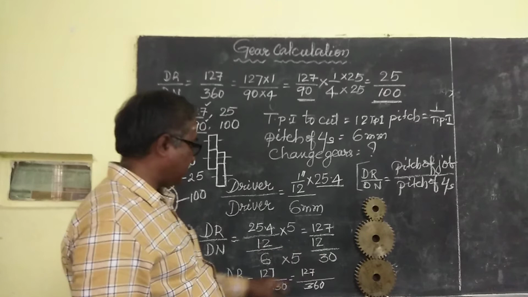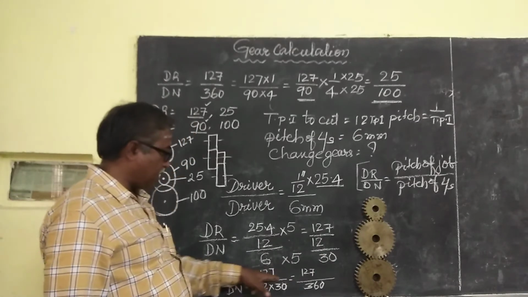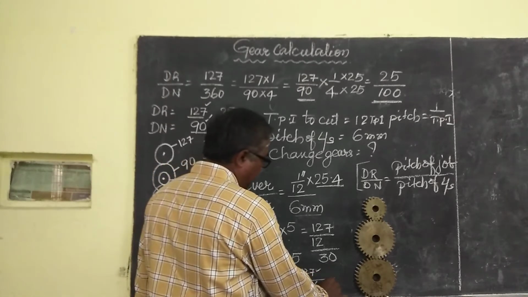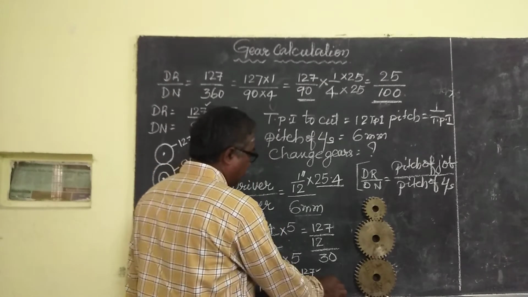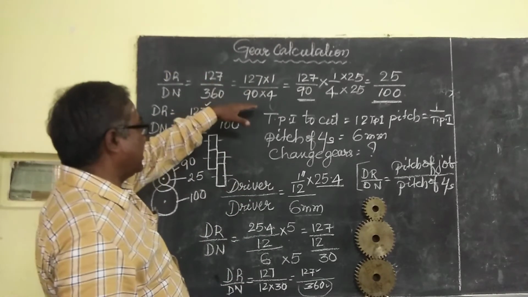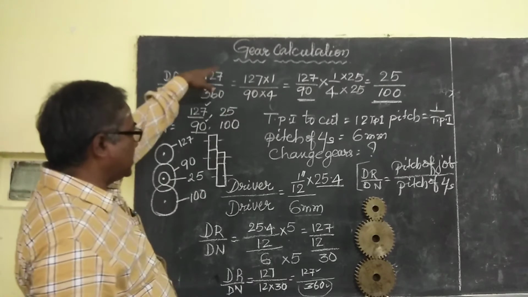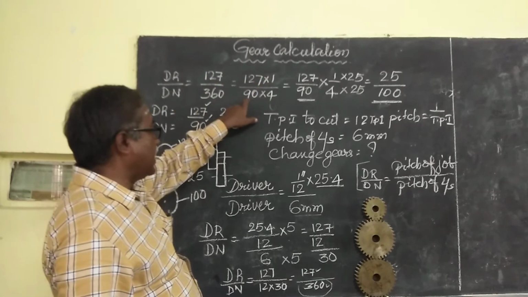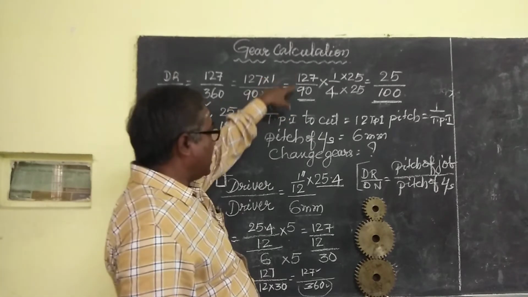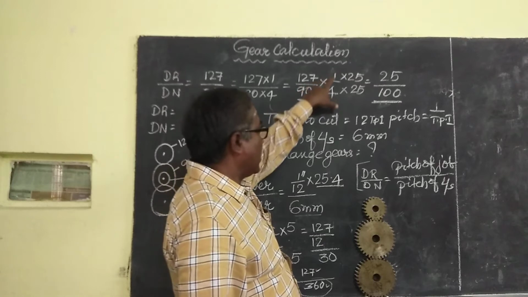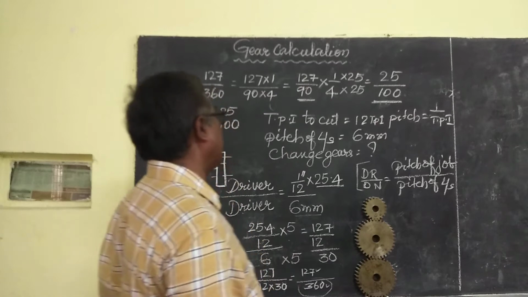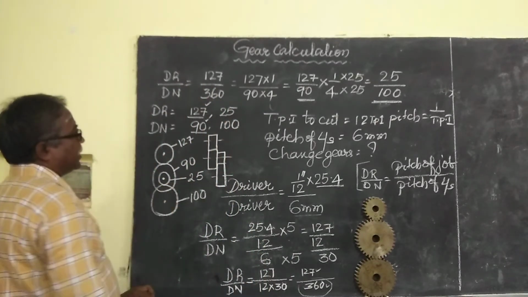So 127 by 12 into 30, 360. This gear is not available, so we have to change it into a compound gear train. 127 by 360 is 127 into 1 by 90 into 4. Then 127 by 90 into 1 by 4 into 25 by 25, that is 25 by 100.